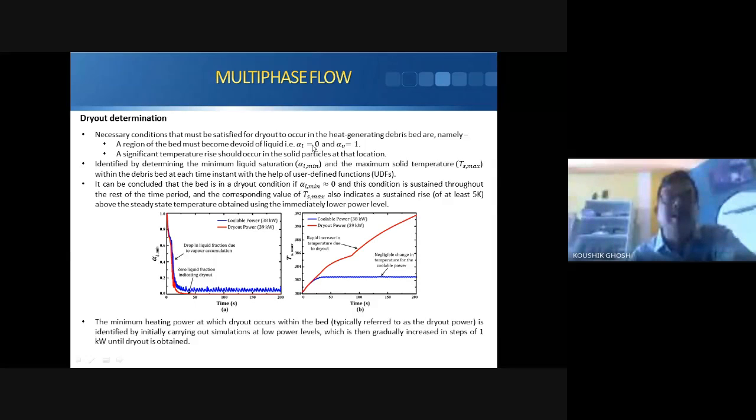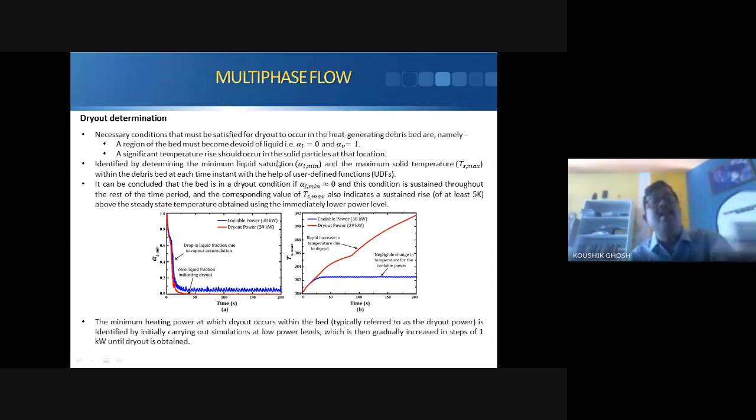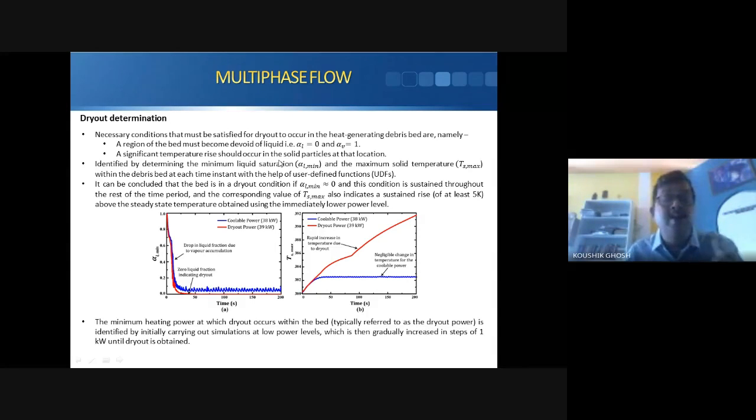Alpha L means the liquid void fraction. The liquid void fraction is 0 and the vapor void fraction is 1. The second criterion is, if the temperature at the local level rises, then we say that bed dry out is achieved.